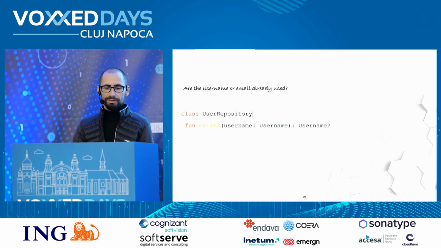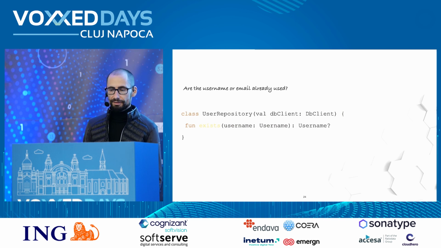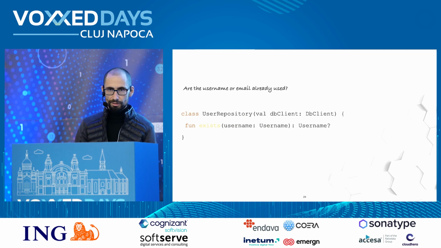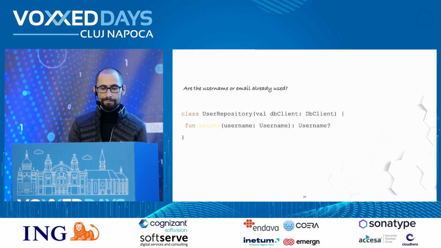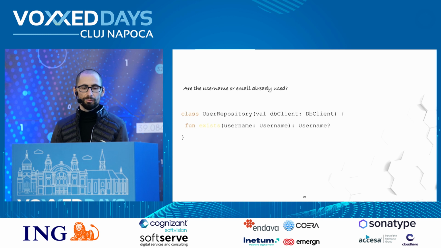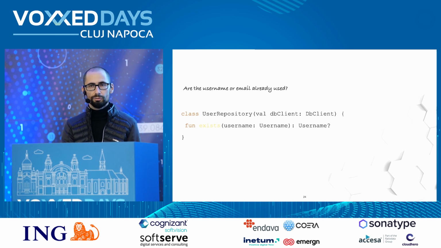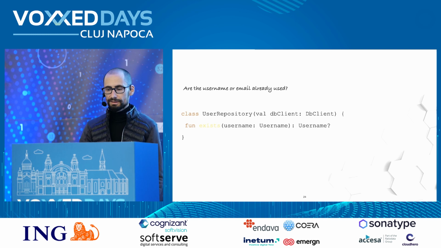So what we can do instead, of course, there are other techniques that I'm not going to go into today, like currying and partial application and so on, is create a class. I think everyone can relate to this one, where we can pass the DB client as an argument to the class constructor and partially apply that DB client to all the functions inside our class.